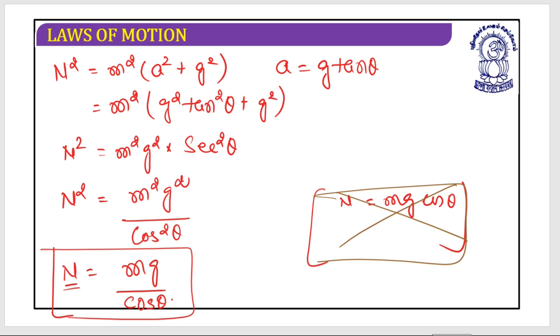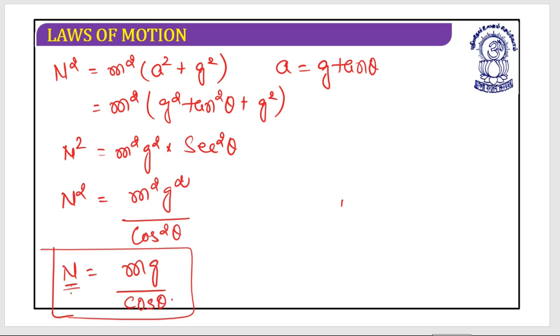You should not go for this. The normal force acting between block m and wedge M is mg by cos theta and not mg cos theta. Please do remember this. I'm going to rub this from here. Yes, I hope this is clear. Is it clear?